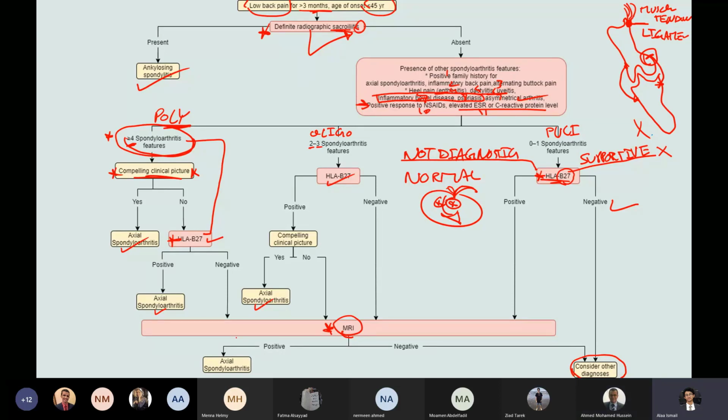But what about those who were left for the MRI to take the final decision, to determine the destiny? This one here, this one there, this one here, and I guess this one also here.